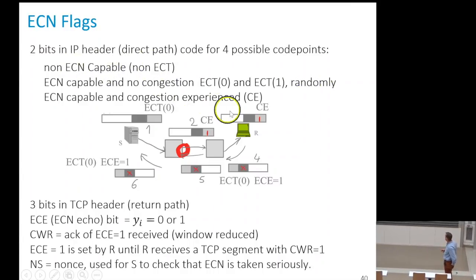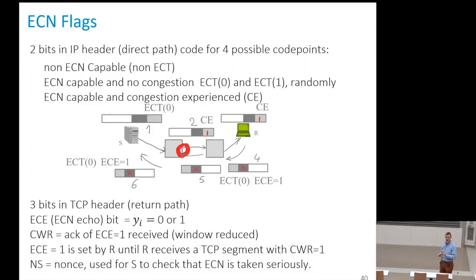We have 2 bits in the IP header that are used for ECN, and in a simple way, we could say one of the bits is saying whether this TCP connection, or this source probably, supports ECN, and if yes, the router knows. And the other bit can be used for marking congestion.